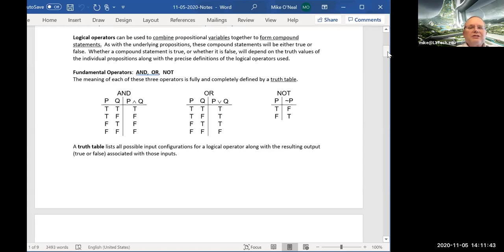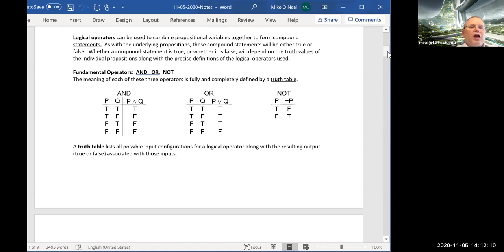And these compound statements can be either true or false. Now, there are three fundamental logical operators, and you know about these because you've had digital logic, right? You know about and, or, and not, and you know about these truth tables for and, or, and not that you've seen, again, ever since at least digital logic, or maybe even some other class before that.